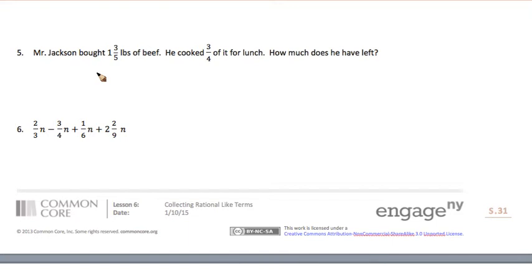1 3/5 needs to be changed into an improper fraction. So we multiply 1 times 5, which is 5, and add 3 more for our numerator. So our numerator will be 8. Our denominator stays the same. And we are multiplying it times 1/4 because that's how much he has left.